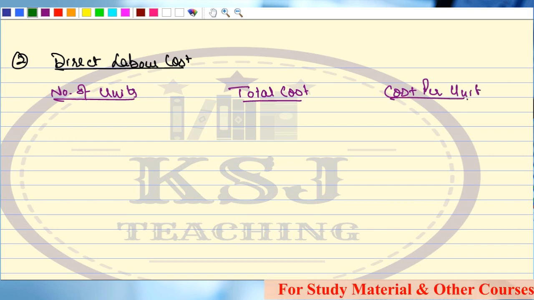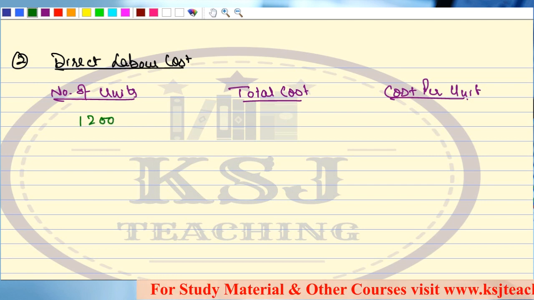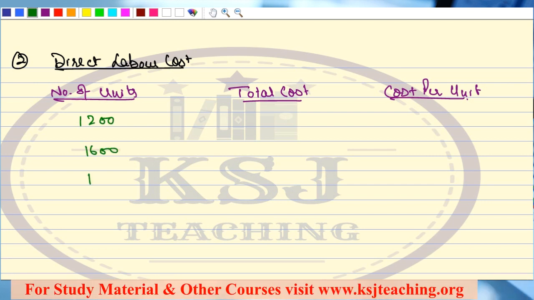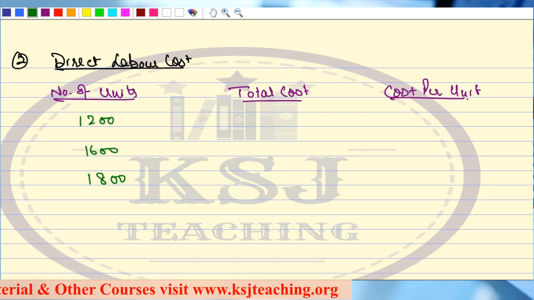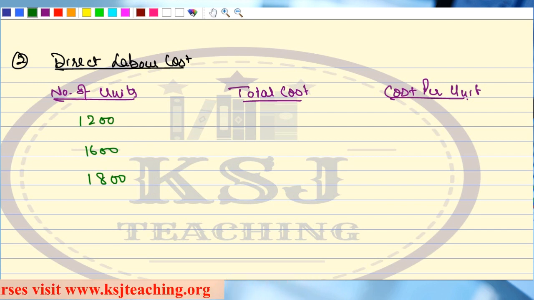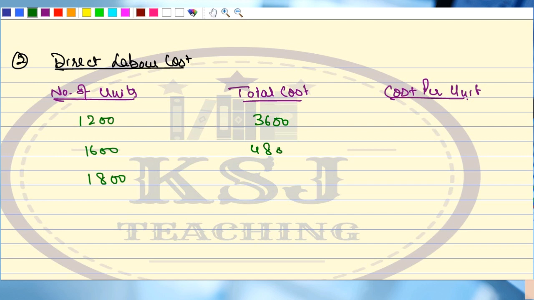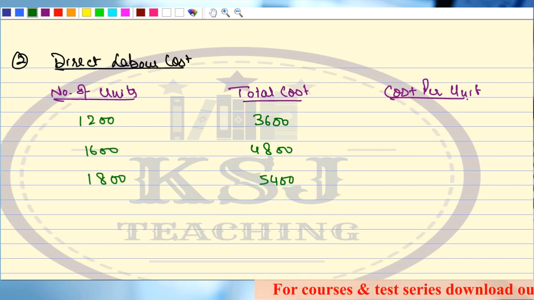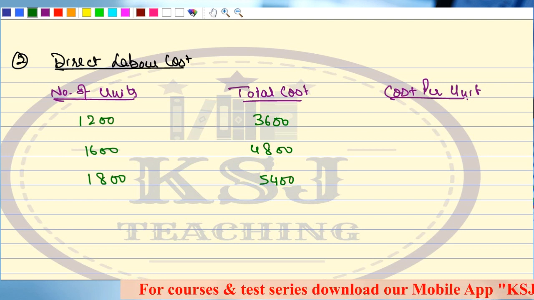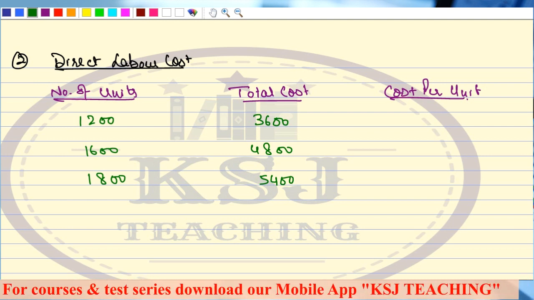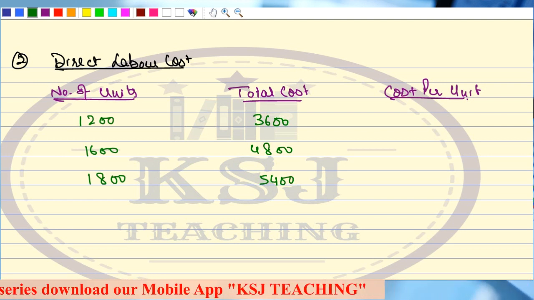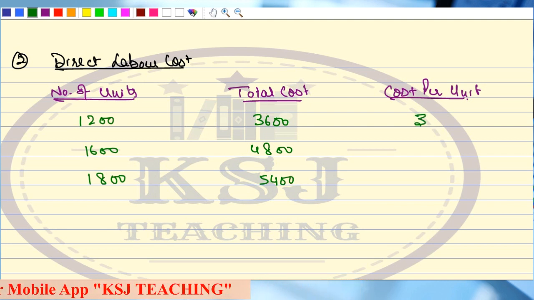So number of units is 1200, 1600 and 1800. Let's see the total cost. That is 3600, 4800 and 5400. Can you tell me the cost per unit, sir? 3600 divided by 1200 will give you 3. In the second case, 4800 by 1600, again 3. And in the third case, again 3.